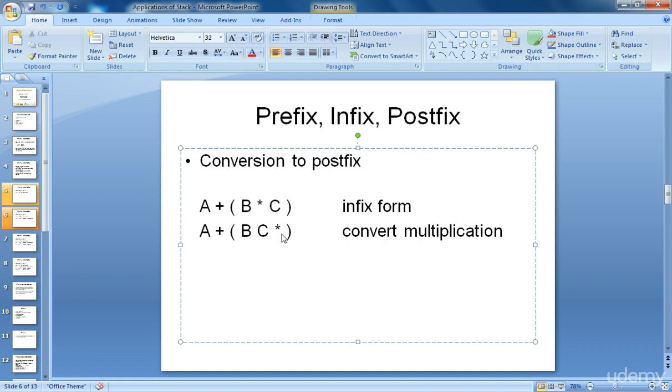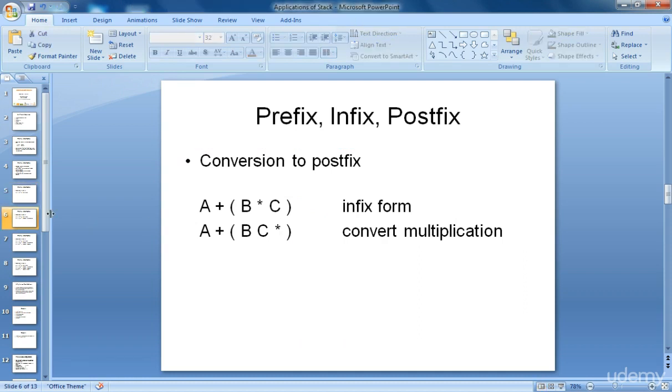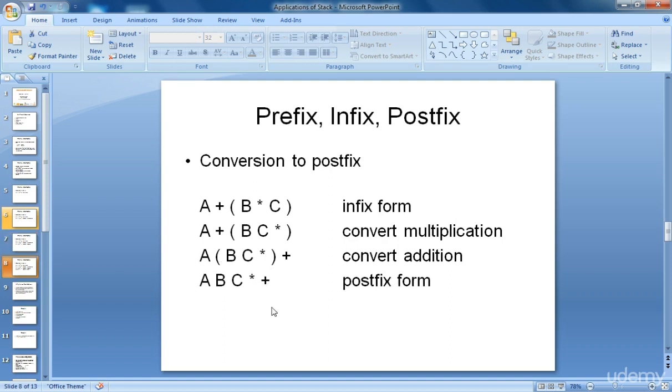Because we are trying to convert it into postfix form. And the next step is we placed the plus sign at the last, and now this expression is more simplified, and this is the final form. As here you can see there is no bracket, and the expression is simplified now and has been converted into postfix form.